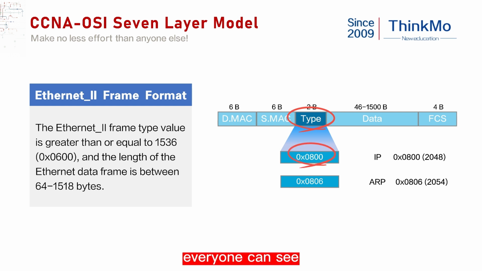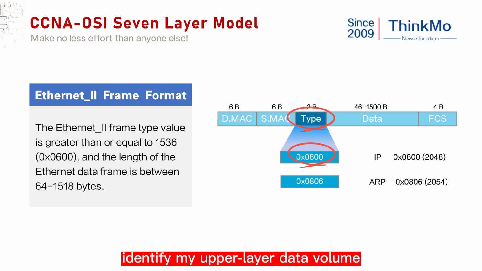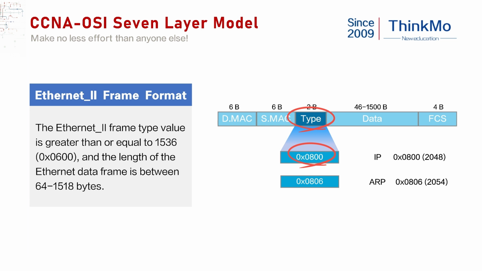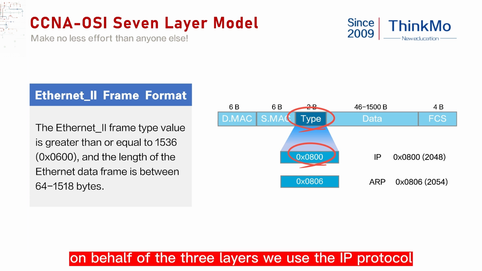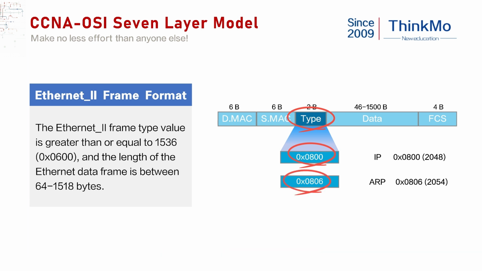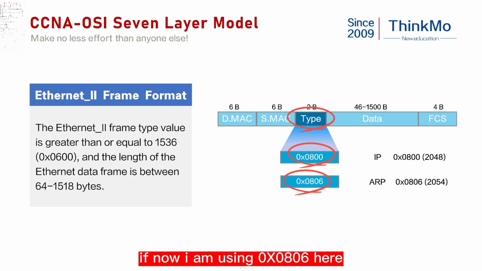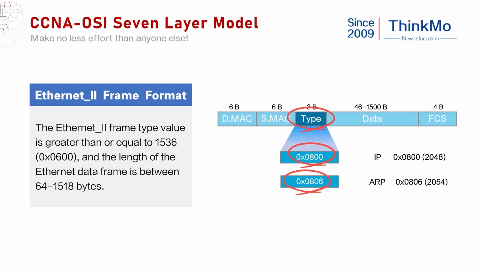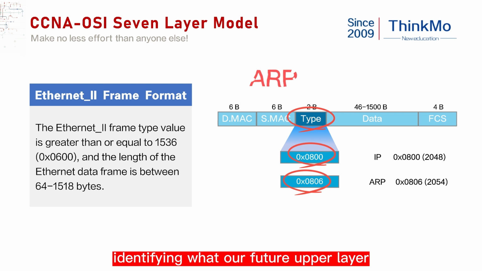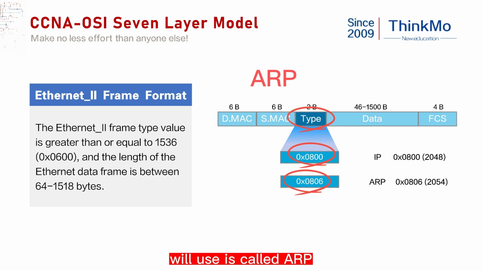If we choose 0800, which is a hexadecimal number, it identifies my upper layer data: on behalf of the 3 layers, we use the IP protocol. If now I am using 0x0806 here, it identifies that our upper layer will use what is called ARP.